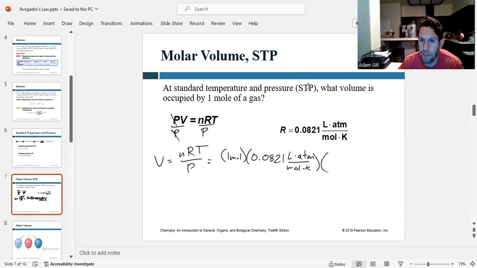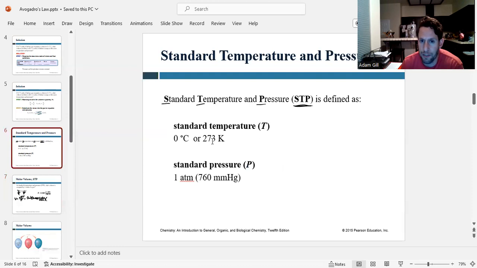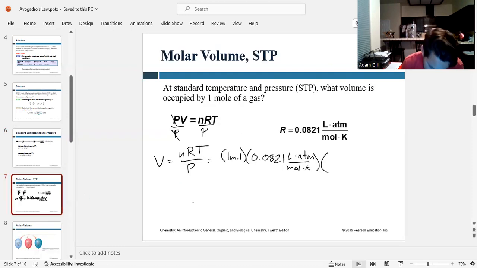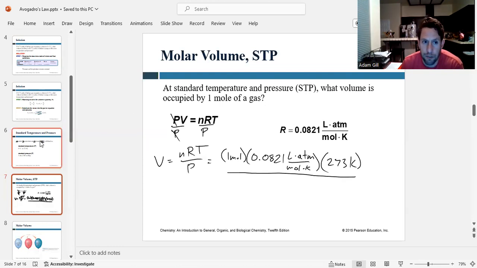And temperature, because we're at standard temperature and pressure, is going to be 273 Kelvin. And the pressure at standard temperature pressure is 1 atmosphere. If we're paying attention to units, moles cancels moles, atmospheres cancels atmospheres, and Kelvin cancels Kelvin. And we're left with liters. Makes sense because we're solving for volume.